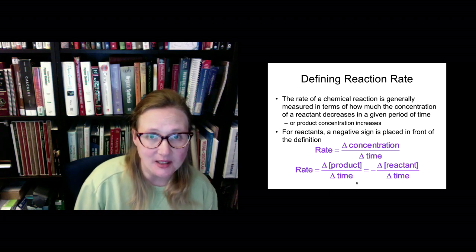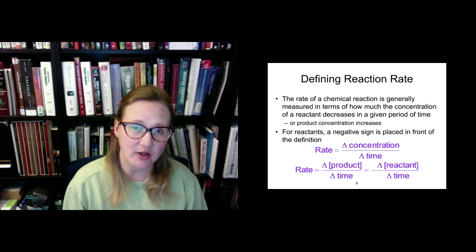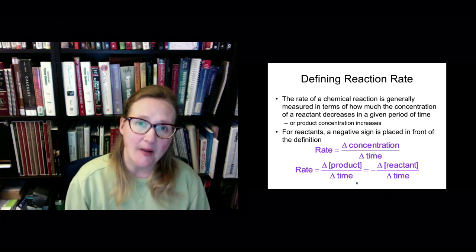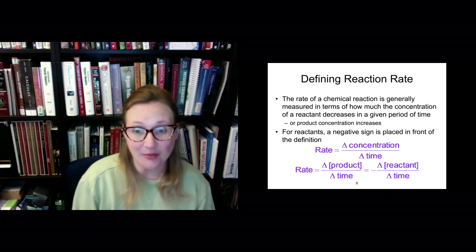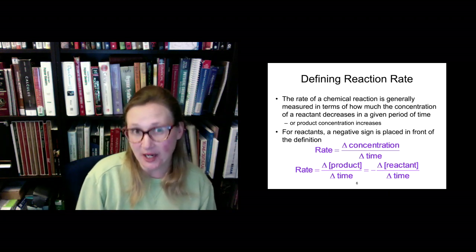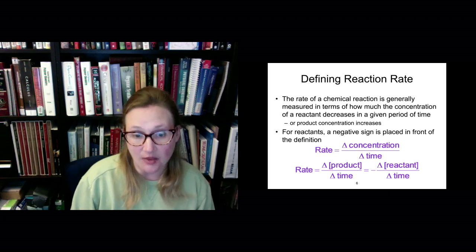For reactants, the change in concentration is going to be negative because reactants go to products. The reactants should be going away and the products should be forming. So we'd put a negative sign on the reactants and a positive sign on the products.